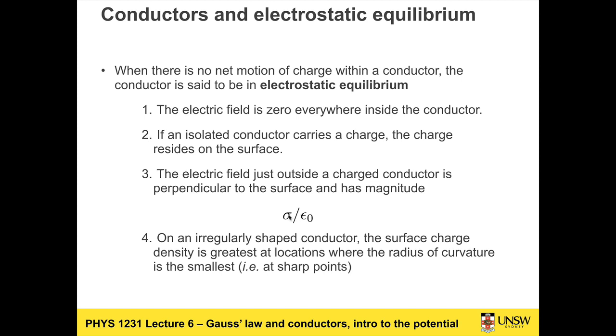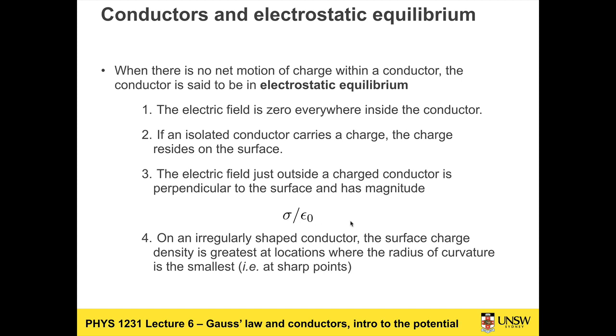So just outside a charged conductor, the magnitude of the electric field will be sigma over epsilon naught, where this is the local charge density. In general, this doesn't have to be constant all over the conductor. It can depend on where you are near the surface, but the electric field will always have this magnitude, where sigma is the local charge density.